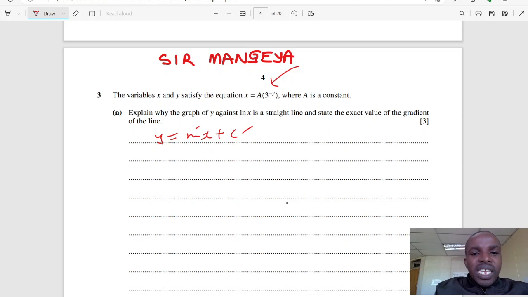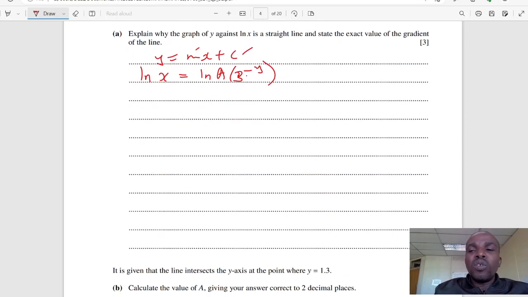So I can introduce ln on both sides. ln x = ln (a times 3 to the power -y). After that, I can apply the laws of logarithms. It will be ln x = ln a + ln 3 to the power minus y.